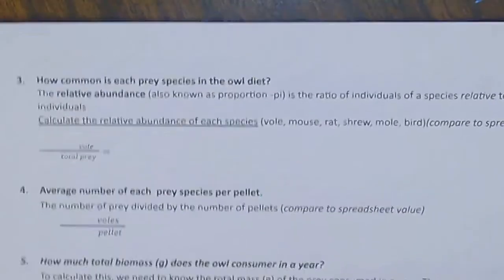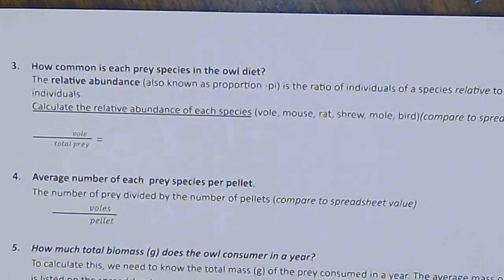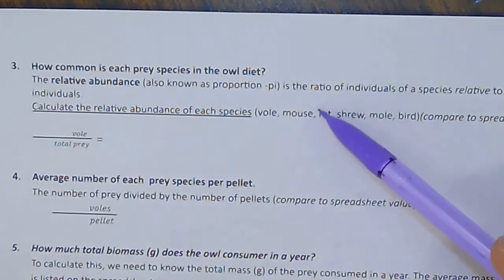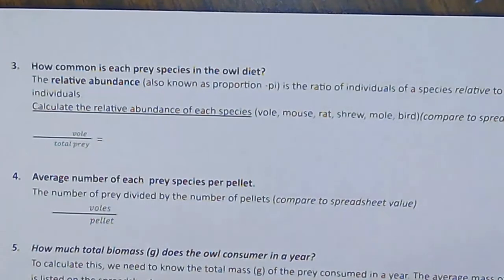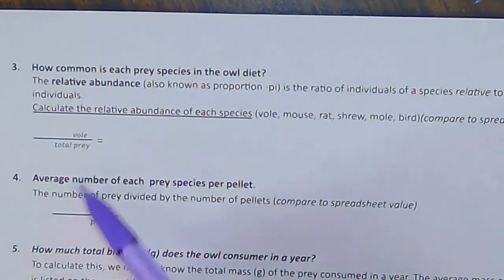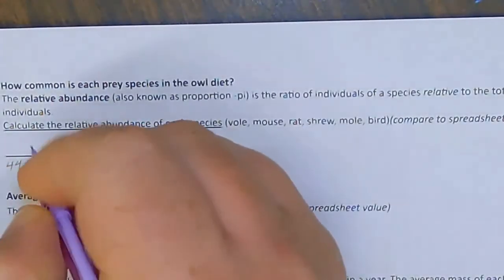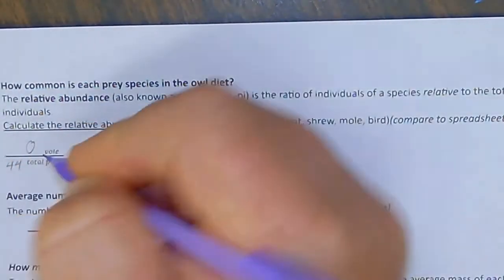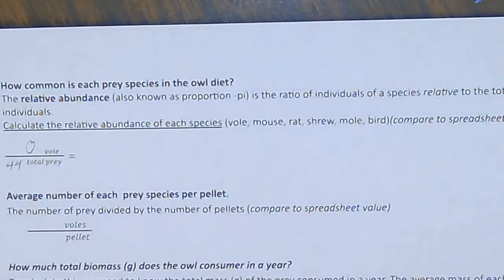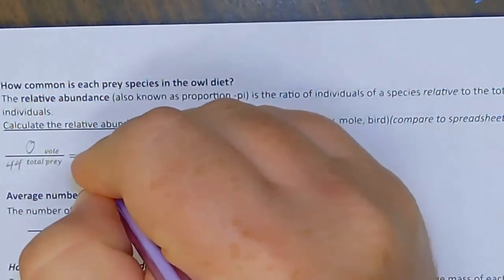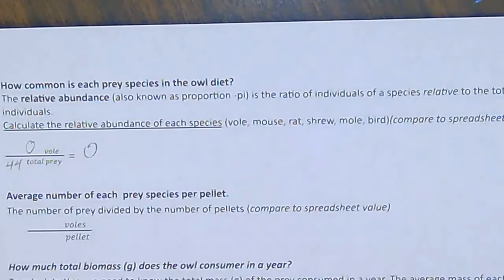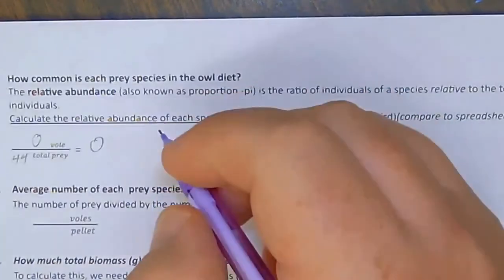So as we look at here, we're calculating the relative abundance, the ratio of individual species relative to the total number of individuals. So we have 44 prey total, and we found 0 voles. So our relative abundance of voles would be 0, or our proportion of voles to total prey is 0.